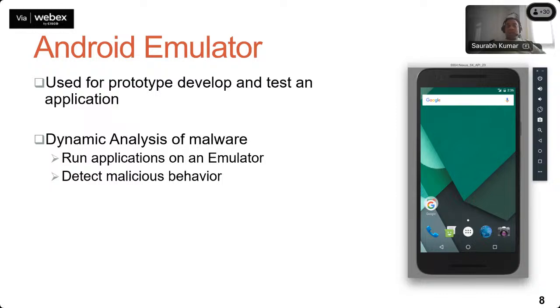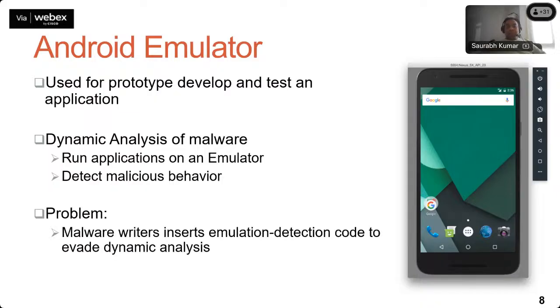They run the malware on an emulator and detect malicious behavior by interacting with the applications. But the problem is the same: malware writers also insert code that can be used to detect an emulated platform, just to evade dynamic analysis.